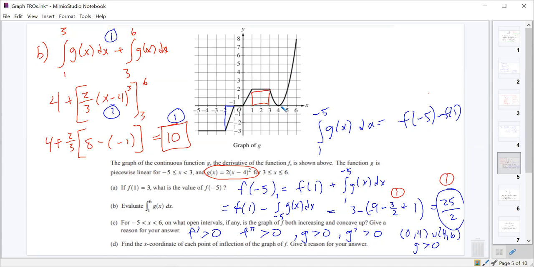And again, we have positive slopes from 4 to 6. So g prime greater than 0, 0 to 1, 4 to 6, both of those fall into the original 0 to 4, 4 to 6 interval for when g was positive, so the overlap is 0 to 1 and 4 to 6. Good or no?